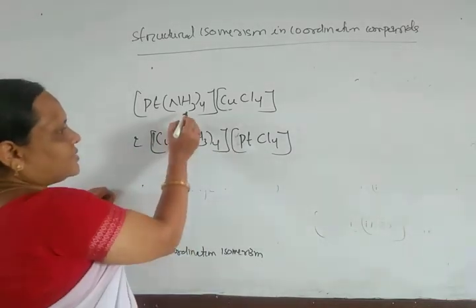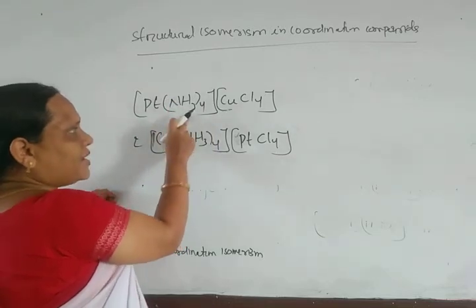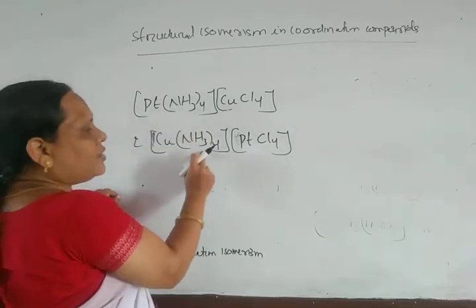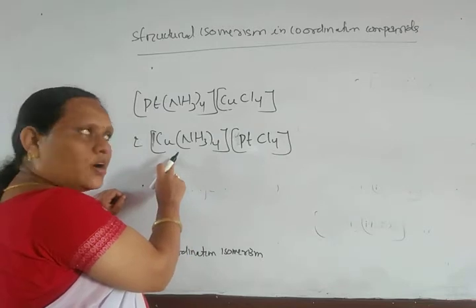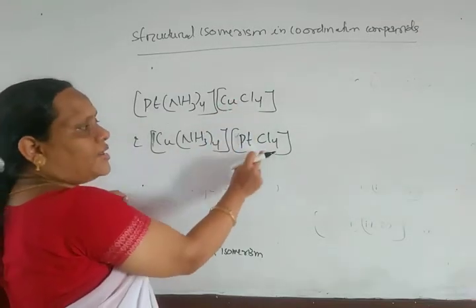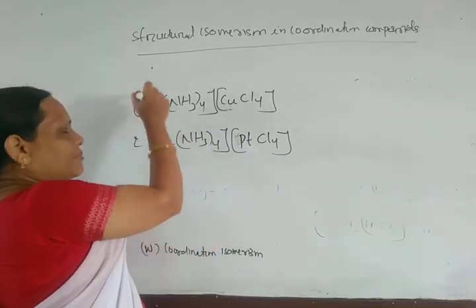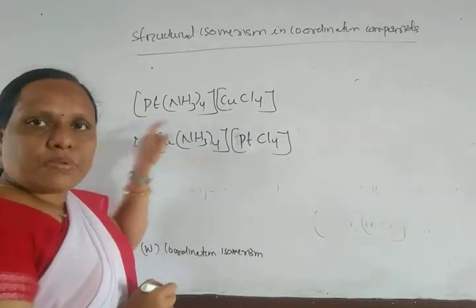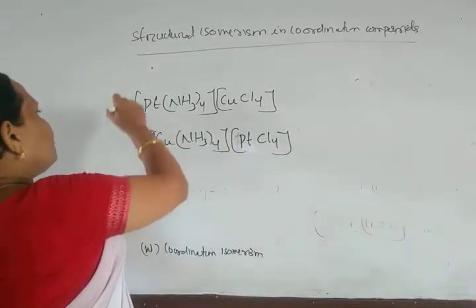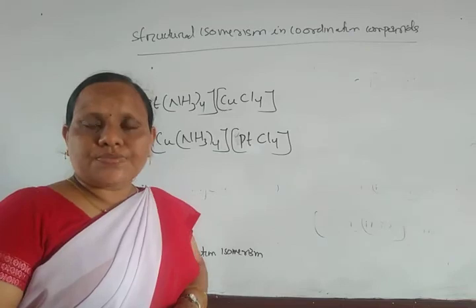So in this case, these ligands exchange their position. Here the ammines are linked with platinum, and here the ammines are linked with copper. Here chloride ions are linked with copper, and here chloride ions are linked with platinum. But the total molecular formula is the same. In this way, these are known as coordination isomers.